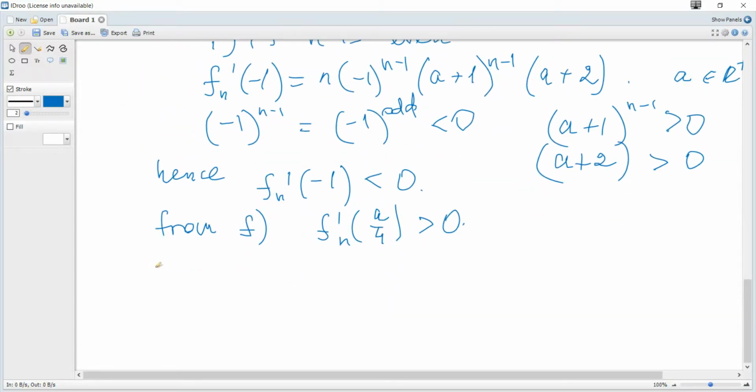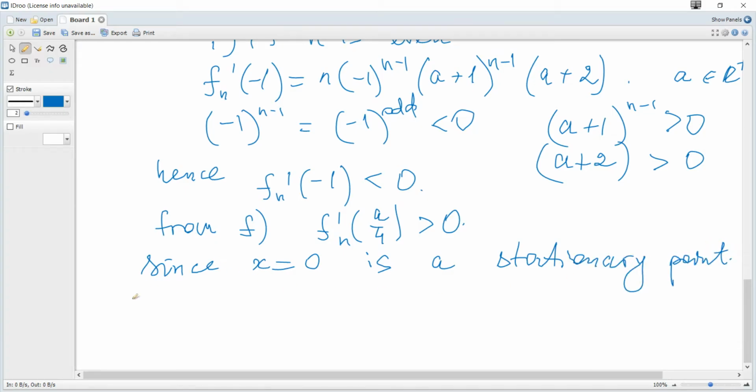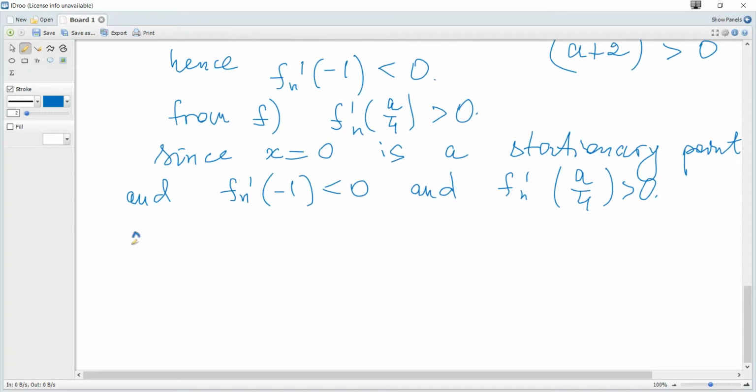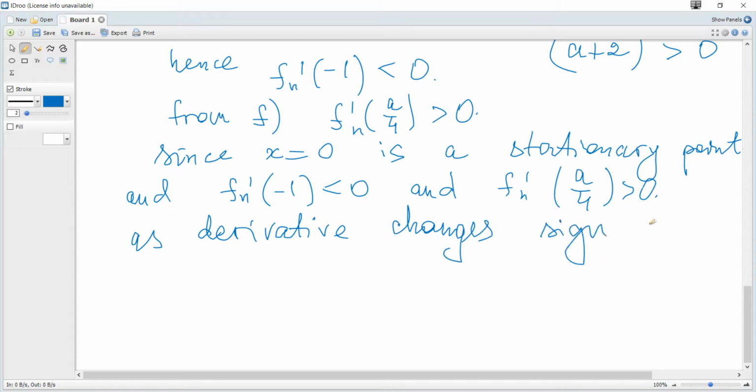and hence we can conclude that since x = 0 is a stationary point, and the derivative at -1 is less than 0, and the derivative to the right is greater than 0, as the derivative changes sign from negative to positive.